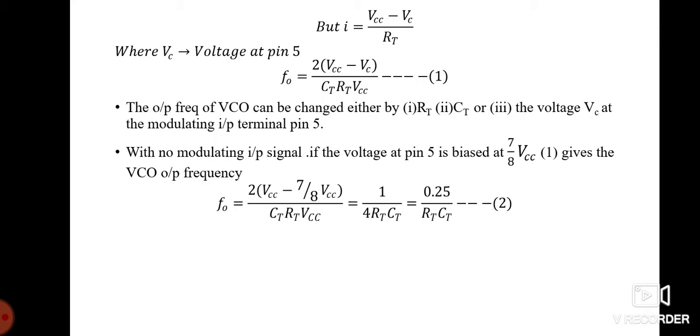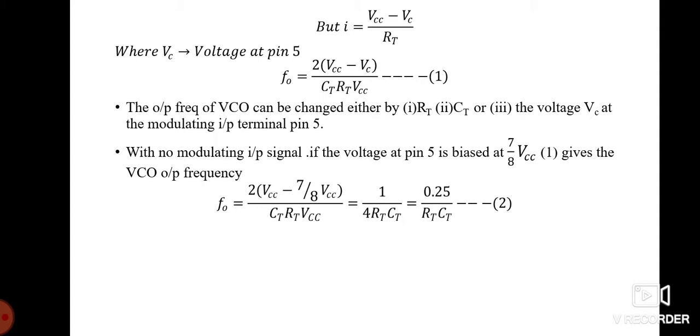When there is no modulating input signal, the voltage at pin 5 is biased at 7/8 VCC. In equation 1, we substitute the value Vc equal to 7/8 VCC. Therefore, the output frequency is given by equation 2.